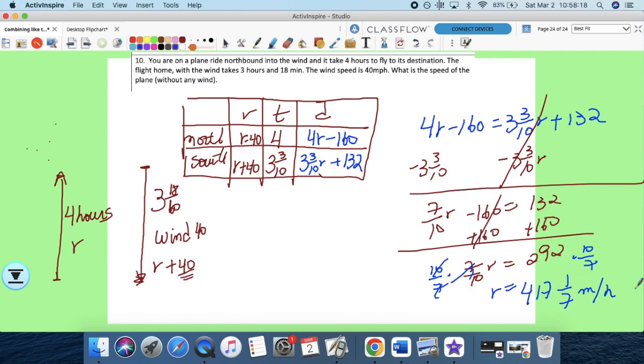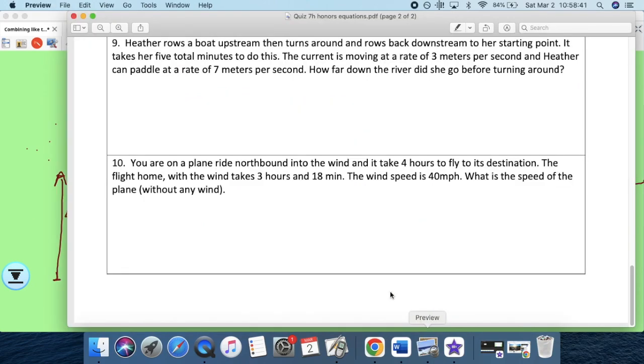So the speed of the airplane without any wind is 417 and 1/7 miles per hour. I think that's it. Is there any more? No, I think that's it.